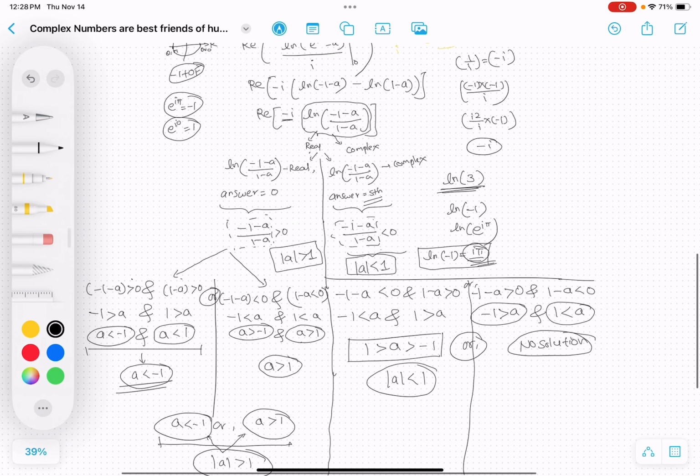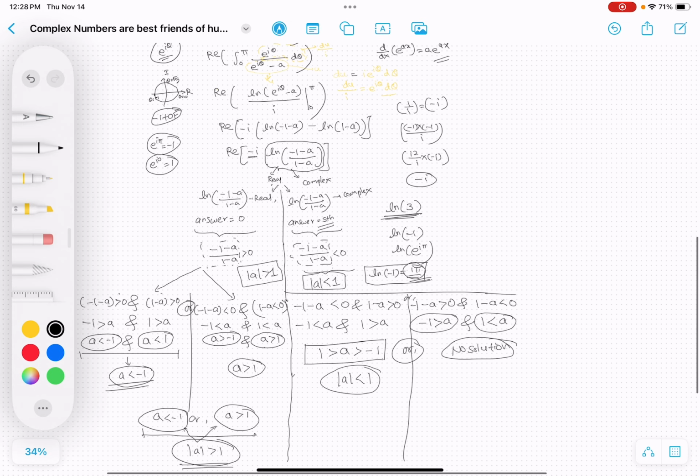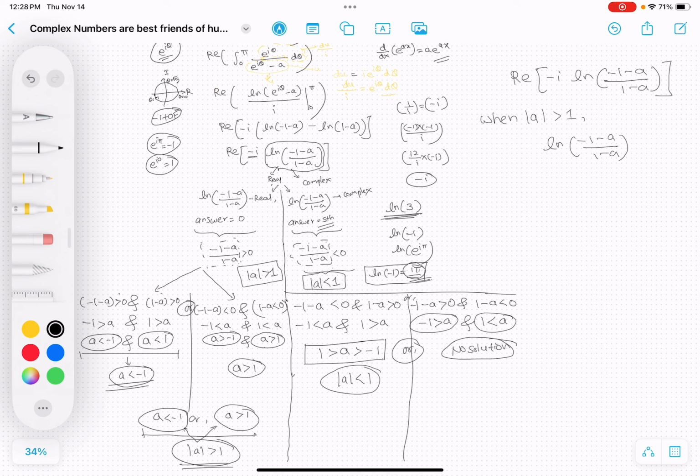Okay, now let's try to do the problem. So the problem was the real part of minus i times ln of (-1 minus a) by (1 minus a). We are over here, right? Now we have found out from all this experimentation that when modulus of a is greater than 1, ln of (-1 minus a) by (1 minus a) is a real number.